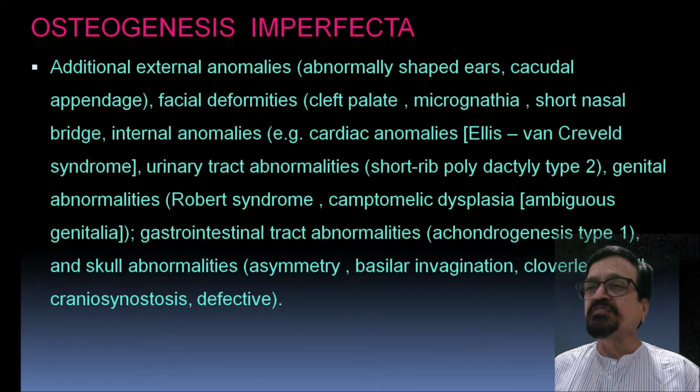And such types of defects are very common in osteogenesis imperfecta. However, the most picked and the easiest to pick are the long bone changes.